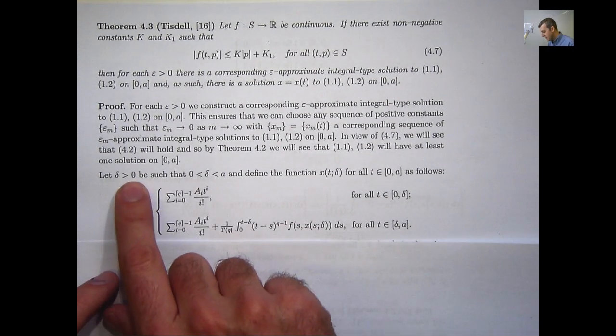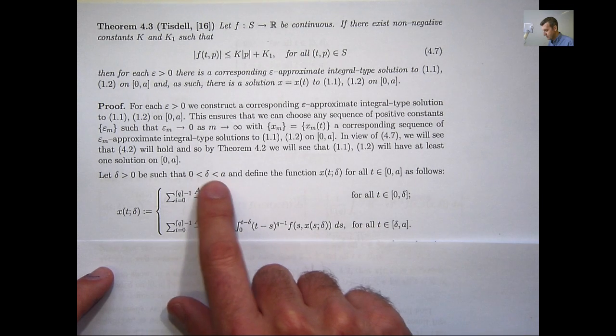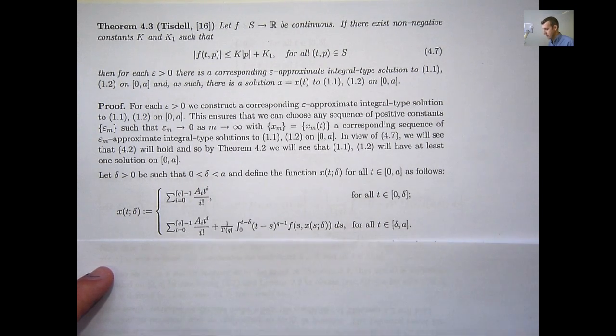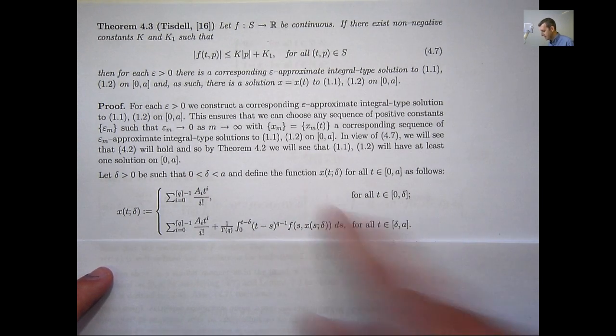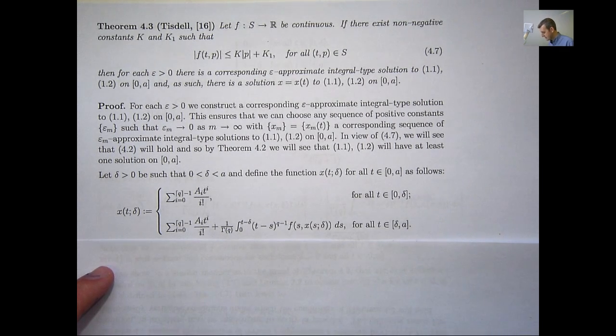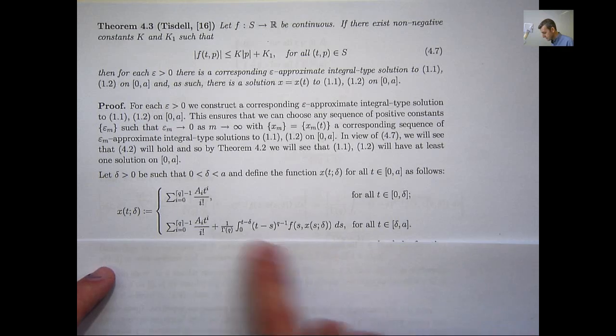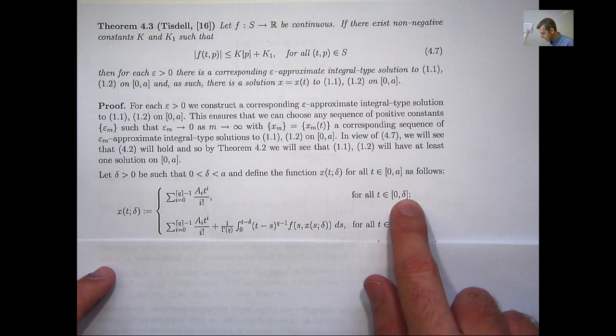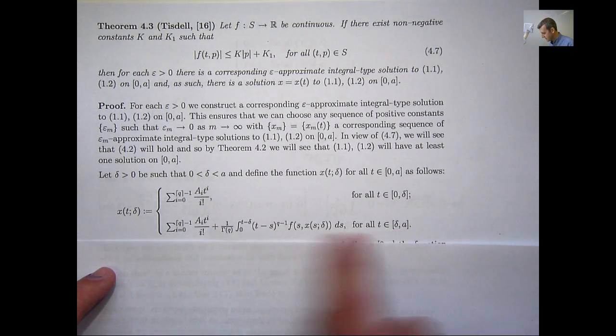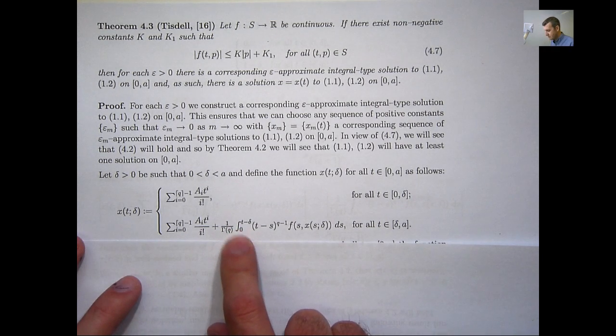All right, so let delta be positive and strictly between 0 and a, and define this function x on the interval of interest as follows. It's kind of defined in a piecewise manner here. For t on this part of the interval it's this, and for t on this part of the interval it's this. Now, again, this might be quite small to see.